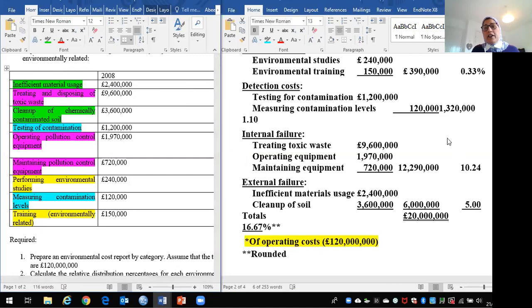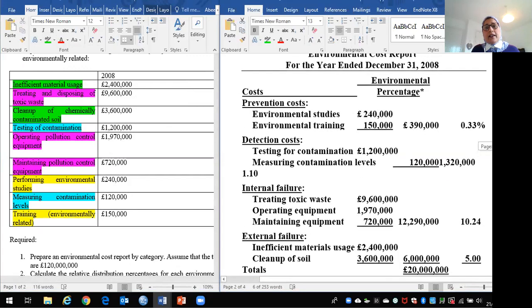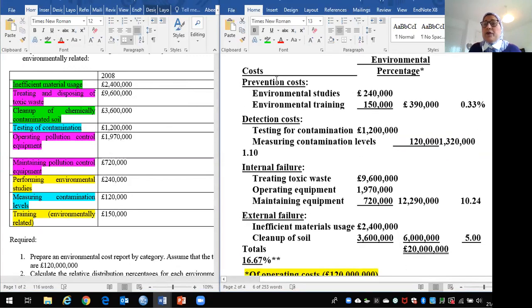So have a look at how we classify the items. Once you get the items, you classify them: prevention, detection, internal and external. I can tell you, students always get the prevention and the external failure absolutely fine.